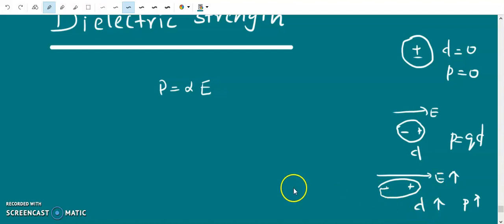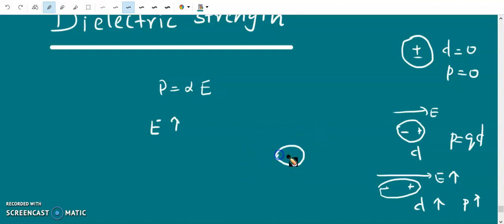But at a particular stage, when we increase the electric field further, the stretching also increases, so that the electrons break away from the molecule of the dielectric. That means the electrons escape from the field of the nucleus.